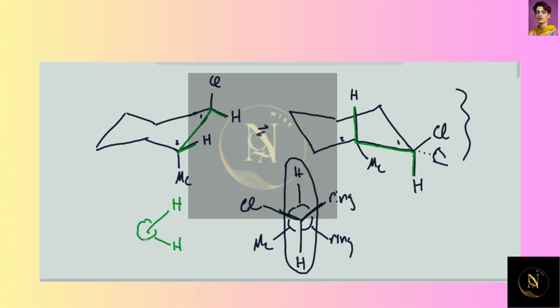I can just continue drawing these in. We've got methyl, and this is the ring. And in the back, the chlorine's going straight up, and the ring is going down and to the left. I happen to look down this one from C2 to C1. It's just slightly easier to look at for me. But now we see that there's 60 degrees between hydrogens. And this is what would be called a gauche interaction.